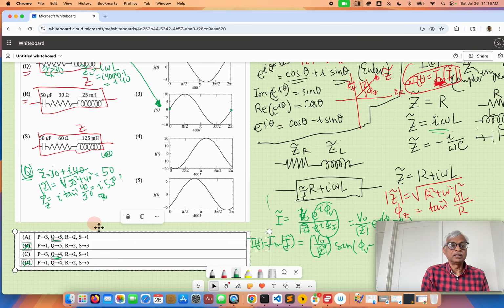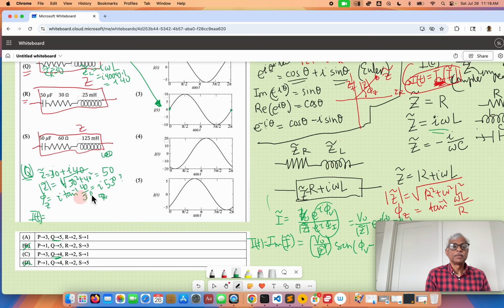So what we expect here for the current for the Q to be 300 volts divided by 50, sine of 400t minus 53 degrees. So like 53 degrees over 180 times pi.